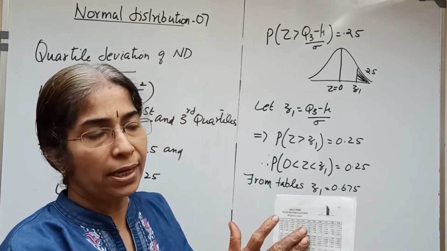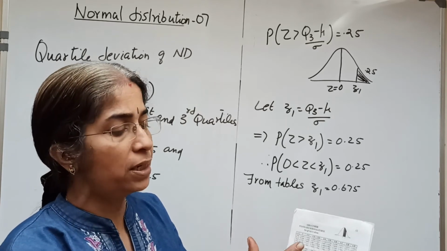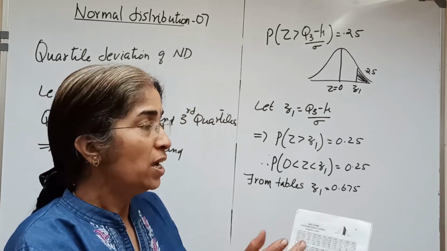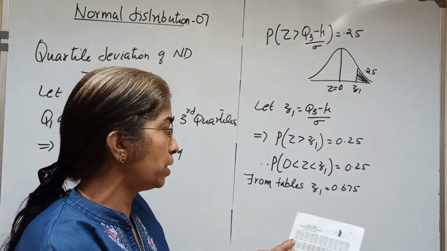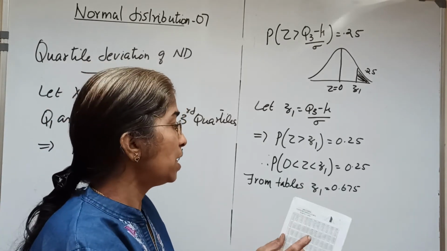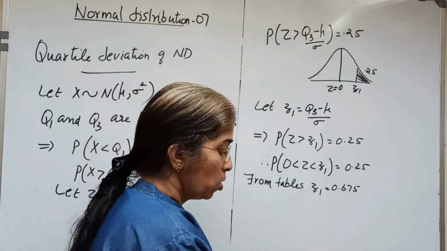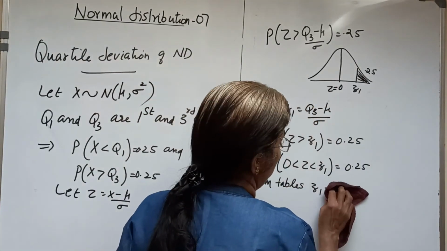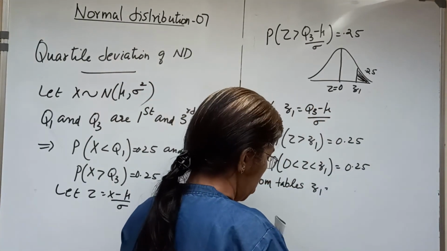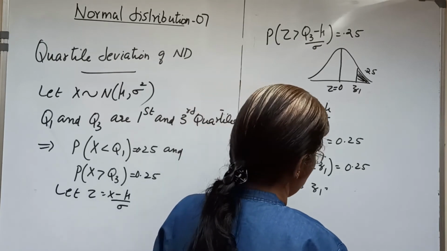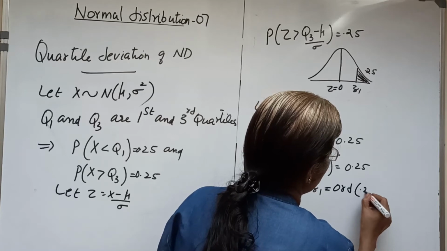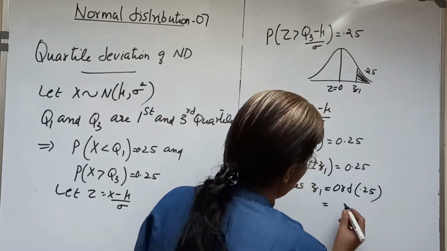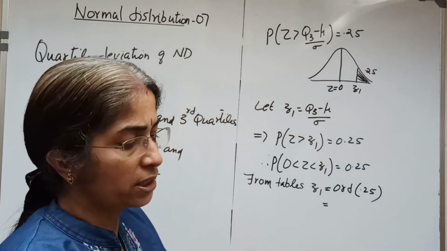So we have the area or the probability equal to 0.25 and we want the corresponding ordinate. So z1 is the ordinate at 0.25, z1 equal to ordinate at 0.25, which is 0.67.